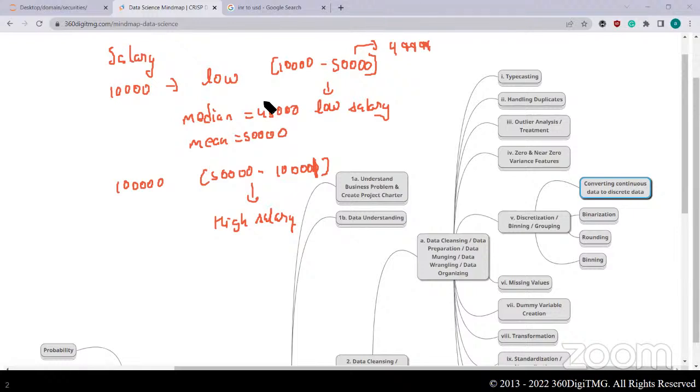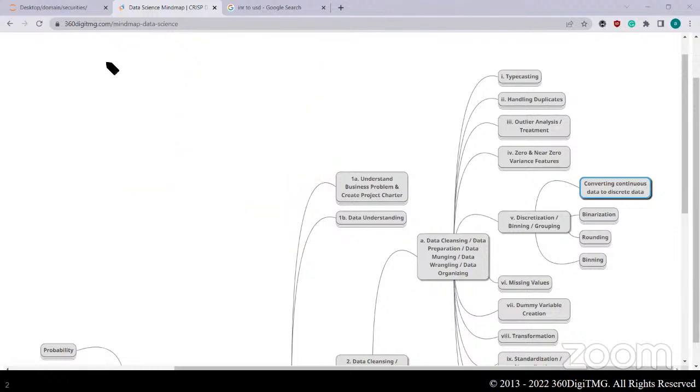Okay. So then moving forward, you have rounding. Now rounding is also converting float values to int values. Okay. But there is a big difference when we do the rounding. Okay.